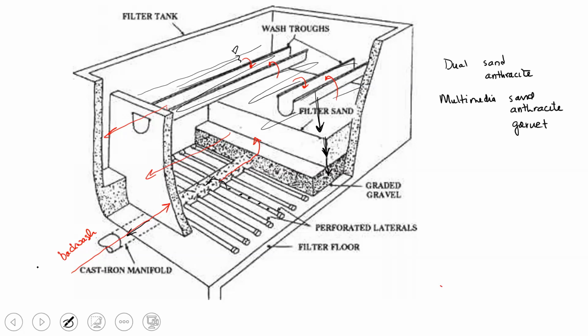So when we get to the point where the head loss exceeds some critical head loss, what do we do? We backwash. Exactly. These are too large to actually stir the sand, although we can agitate the sand with air to better dislodge material.